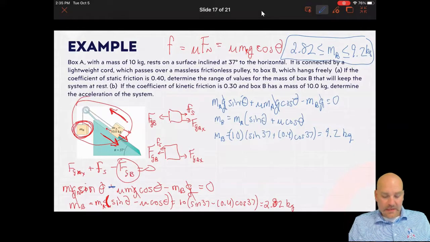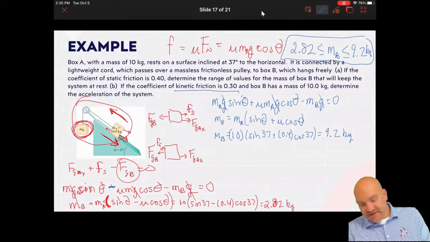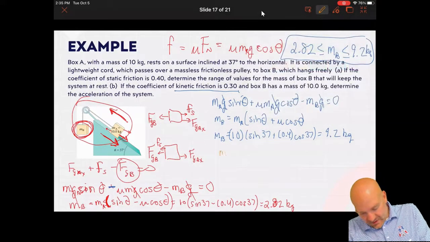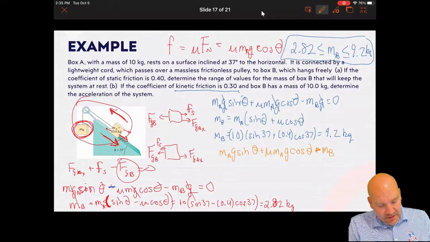So that would cause the system to stop. Okay, now let's figure out what the acceleration would be if it's now moving with a kinetic friction of 0.30. Basically we would have the same setup, right? But it'd be m_A g sine theta plus mu m_A g cosine theta minus m_B, right?